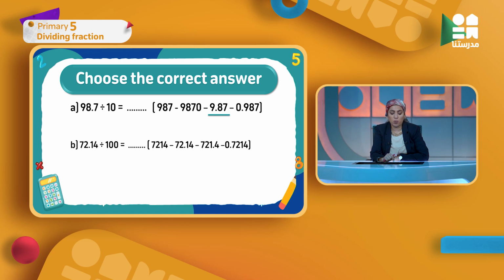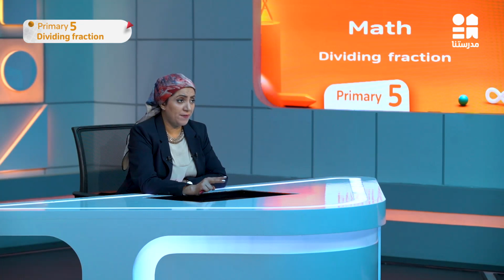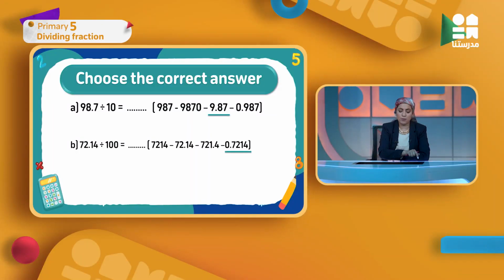72.14 divided by 100. How many zeros do I have? I have 2 zeros, and divided sign, move to the left, then I will move the decimal point 2 places to the left, so the answer will be 0.7214.